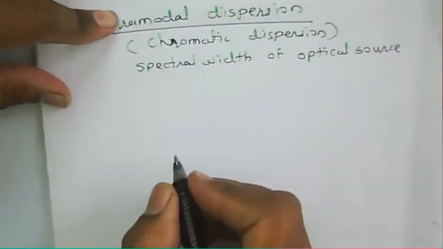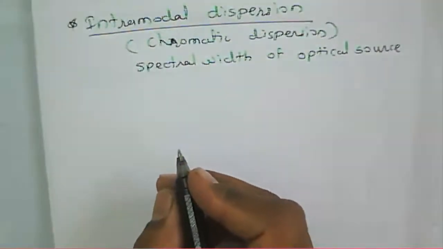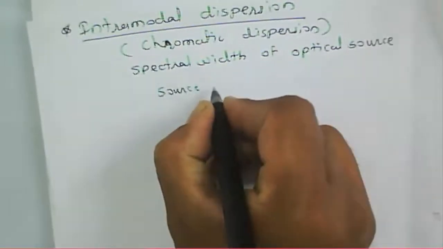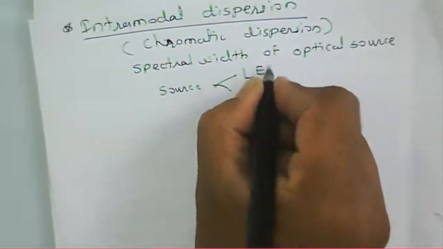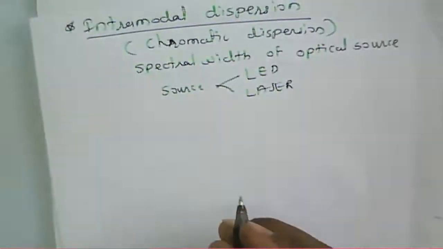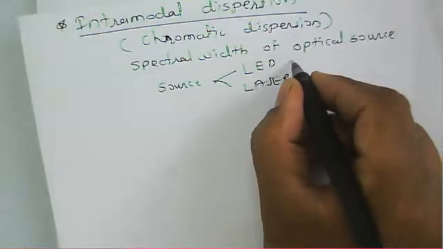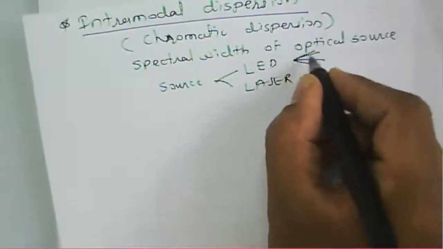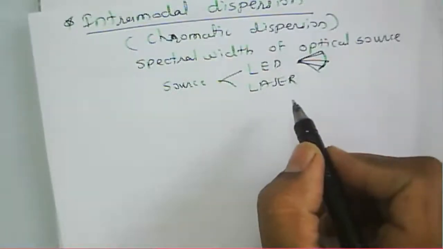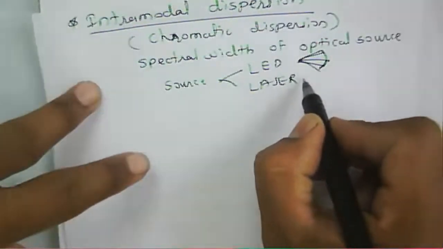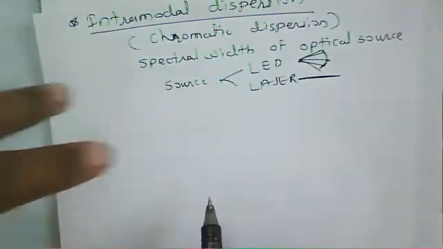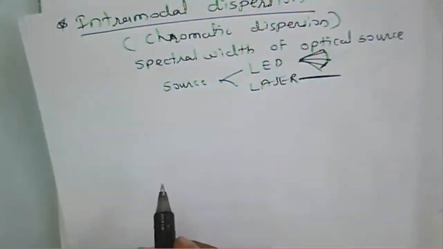Now what do you mean by spectral width? Generally we say our source will be either an LED or a laser. It produces a radiation of the signal, whether a coherent or a non-coherent source, as we say.